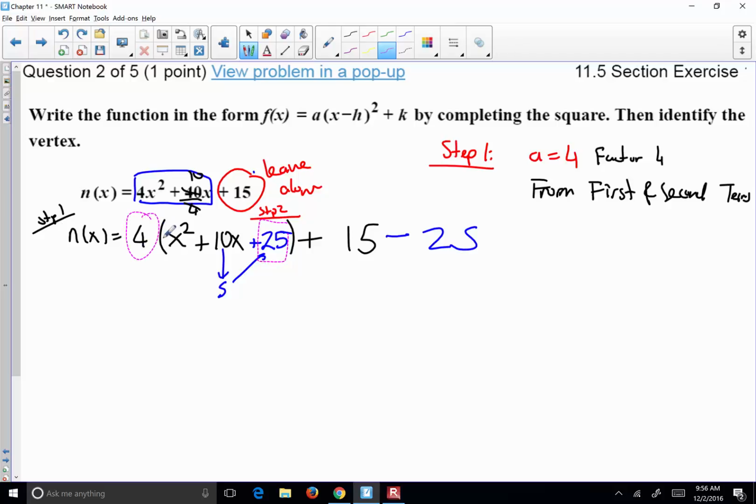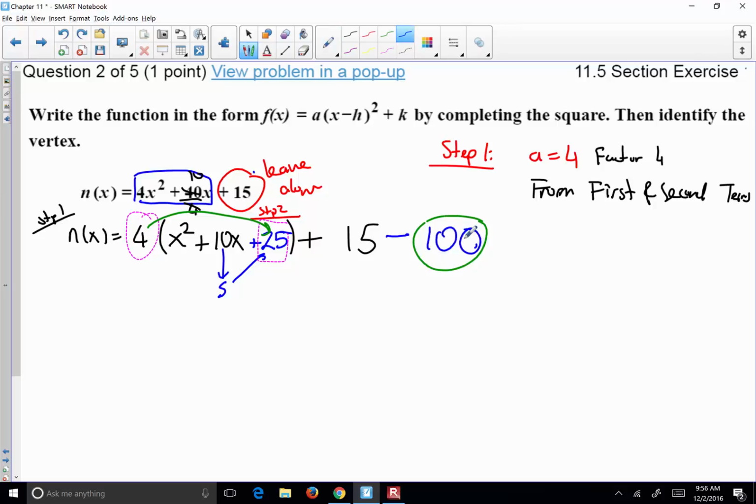The scale of 4 later quadruples it. 4 times 25 is what you actually added. So it's not fair if you just take 25 off. It needs to be 4 times 25, so you need to take off 100.